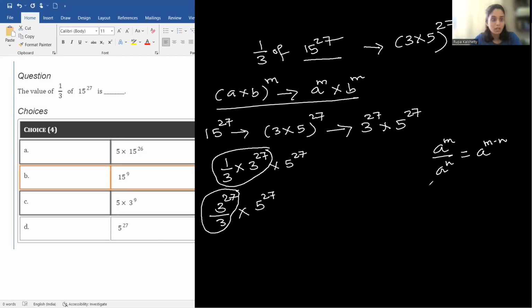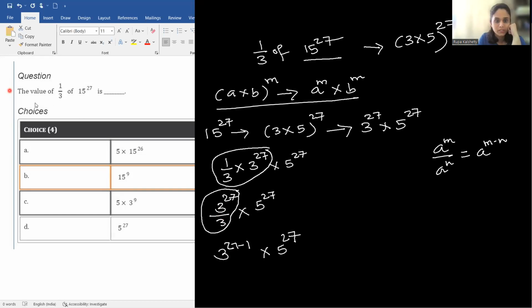Applying the same law of exponents, where we subtract the exponents when the base is the same, we can rewrite that as 3 to the power of 27 minus 1 times 5 to the power of 27. It is minus 1 because whenever there is no power written on 3, it always carries a power of 1. So I applied this exponent law to this part.